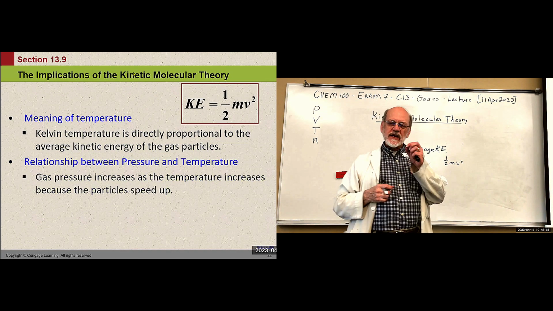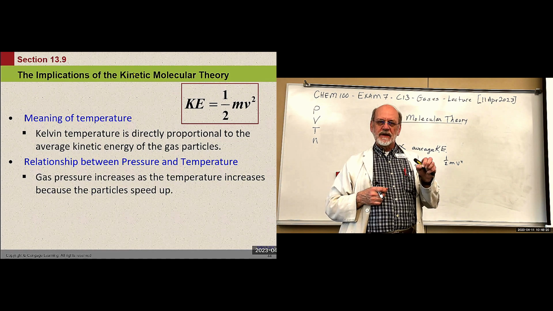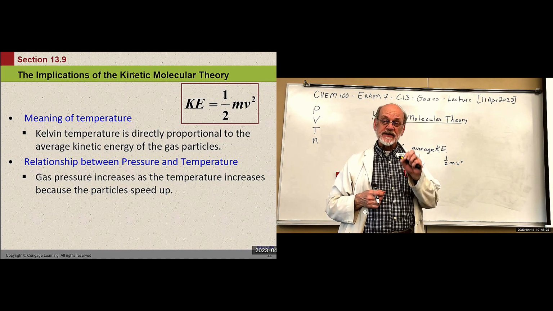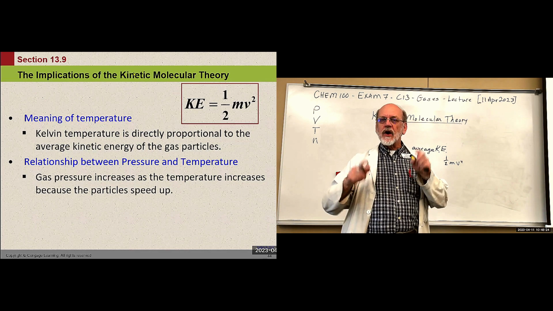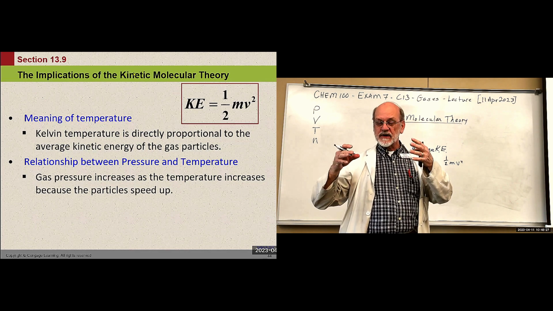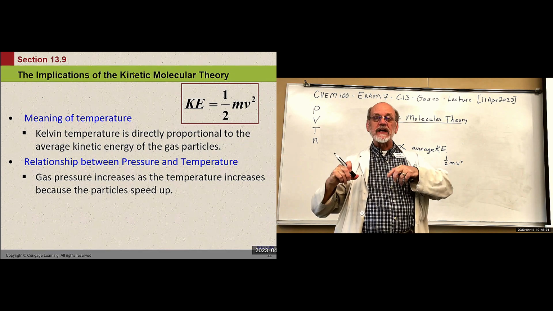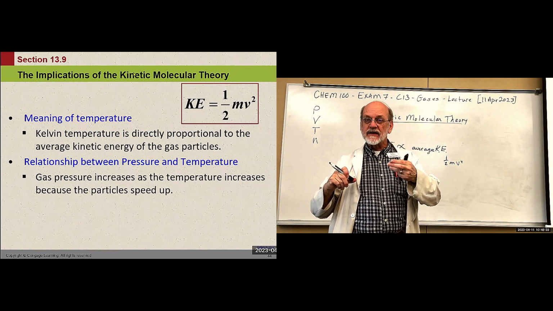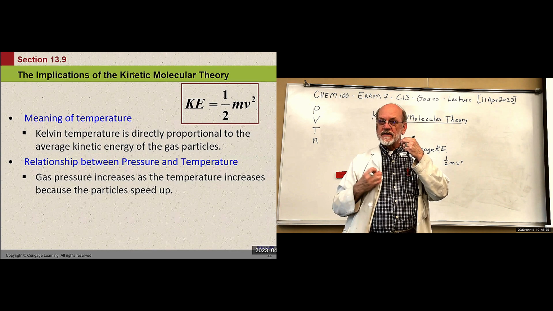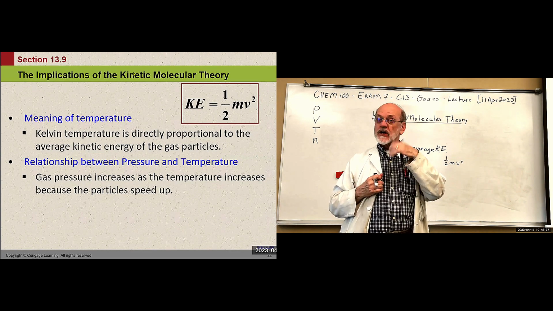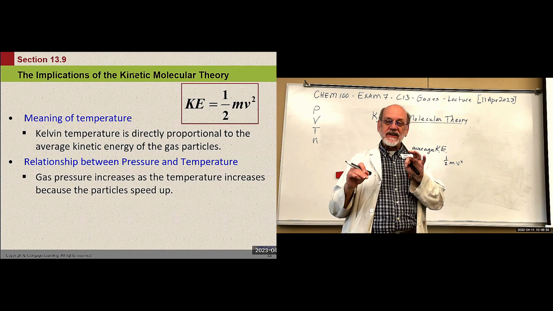So what's the relationship between pressure and temperature? Gas pressure increases as temperature increases because the particles are speeding up. So we can say that much about the particles. If we increase the temperature, we're increasing their kinetic energy. And notice that the average mass of the particles doesn't change. So what changes?